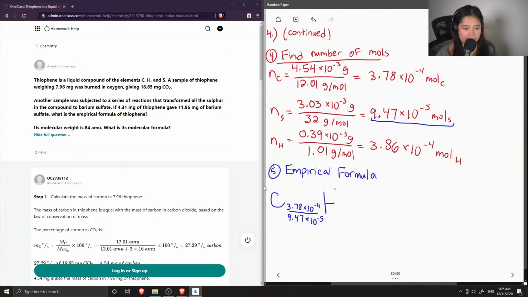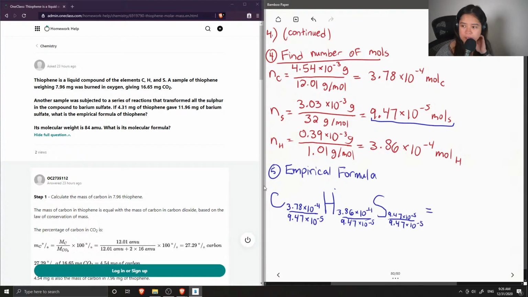And for hydrogen, it is 3.86 times 10 to the negative 4 divided by 9.47 times 10 to the negative 5. And then for sulfur, it's just dividing its moles by itself. That always gives just 1, but I'll show the work.